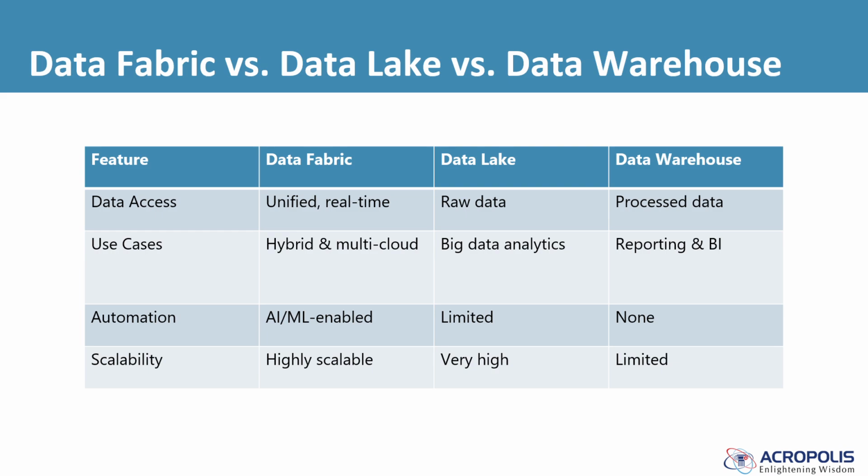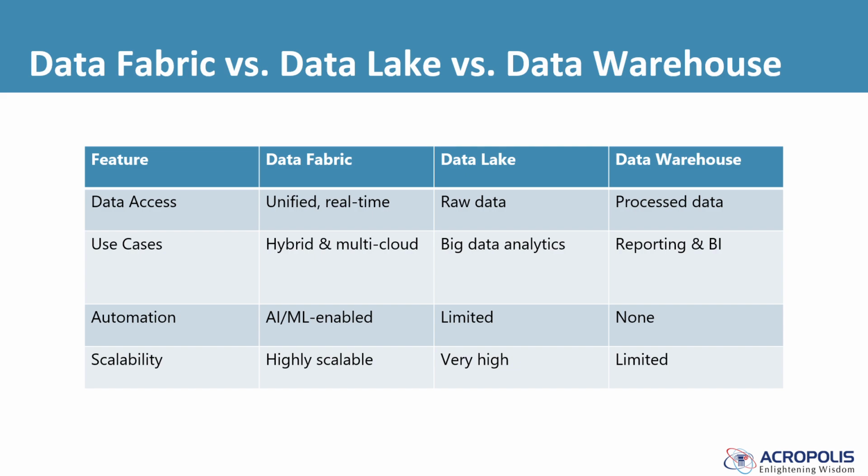So the first feature that we are comparing between data fabric, data lake, and data warehouse is data access. Data fabric has unified real-time data access, which can be accessed from one place, and it's real-time updated. On the other hand, data lake has raw data. Data warehouse has processed data.